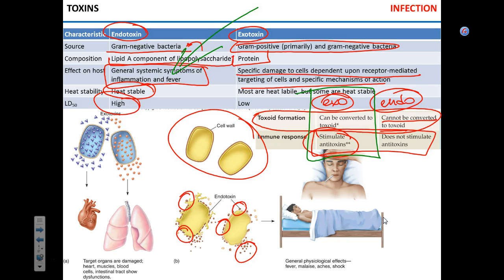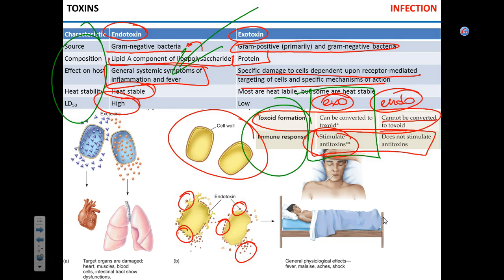Does that make sense? Now take a message from here. Difference between exotoxins and endotoxins based on these characteristics. If I ask you the question, endotoxin can stimulate production of antitoxins, you tell me it's false.